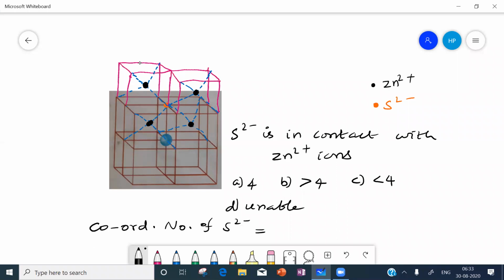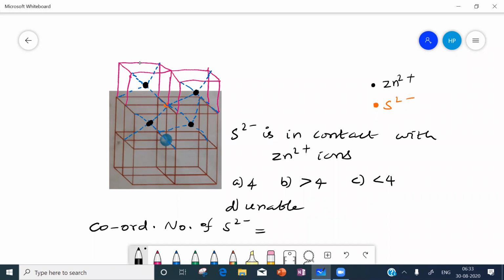Understand that it is an ionic compound. Ionic compound means the cation is in contact with the anion. Now the anion is here. This orange is the anion, sulfide.